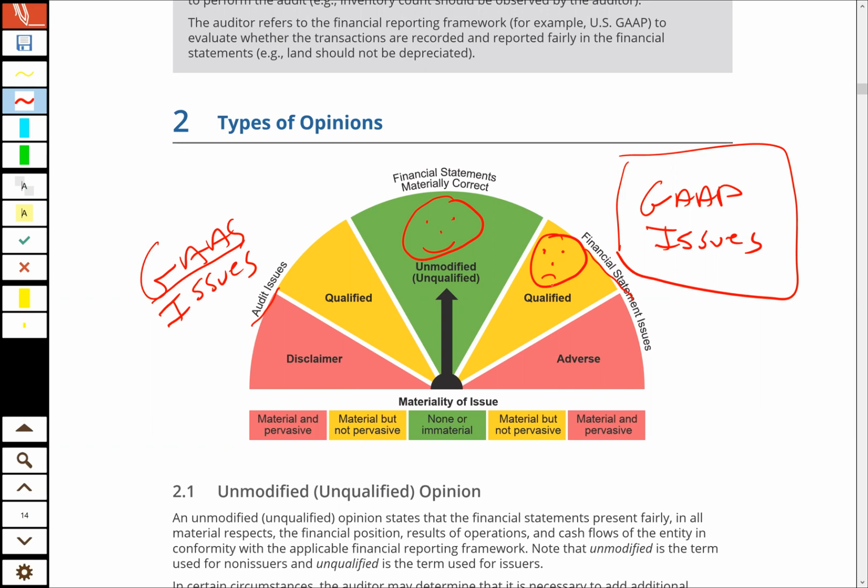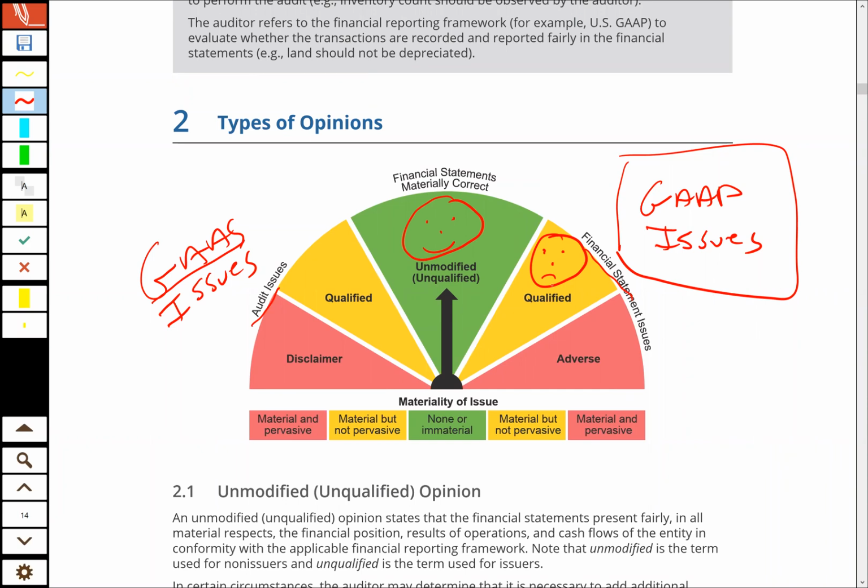US GAAP says there's supposed to be a green elephant on every page of the financial statements. They don't put a green elephant on every page of the financial statements. You'll say, in my opinion, the financial statements are fairly presented in accordance with the applicable framework, except for, and you call out whatever the problem is, the green elephant, whatever it is.